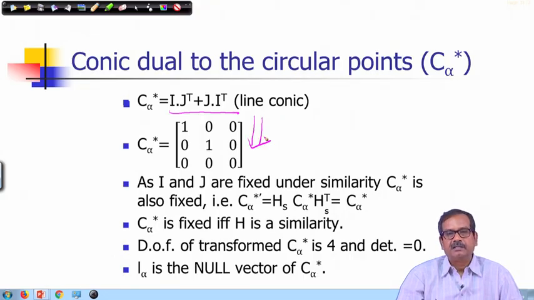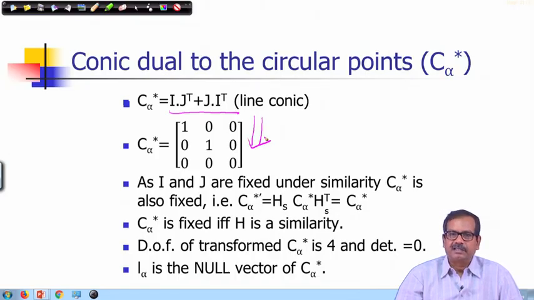This is a typical dual conic formed by the two circular points, and this dual conic has a very interesting property. Since the circular points are fixed under similarity, this dual conic also remains fixed under similarity. So, this is another interesting feature, and this is just a derivation.